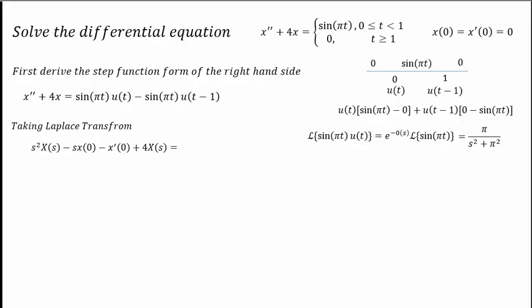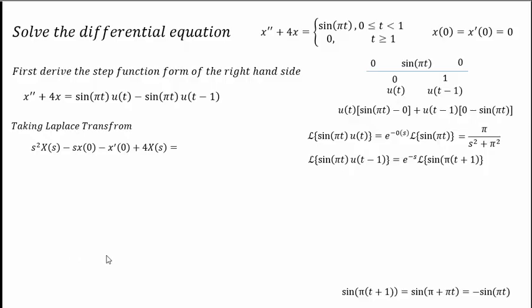You know the Laplace transform of sine ct or bt, whatever you have in the formula sheet. Okay, and then same way when you have t minus 1, as we have said, your t will be replaced by t plus c, and our c is 1. And now it's just a simple trig identity, sine of pi times (t plus 1).